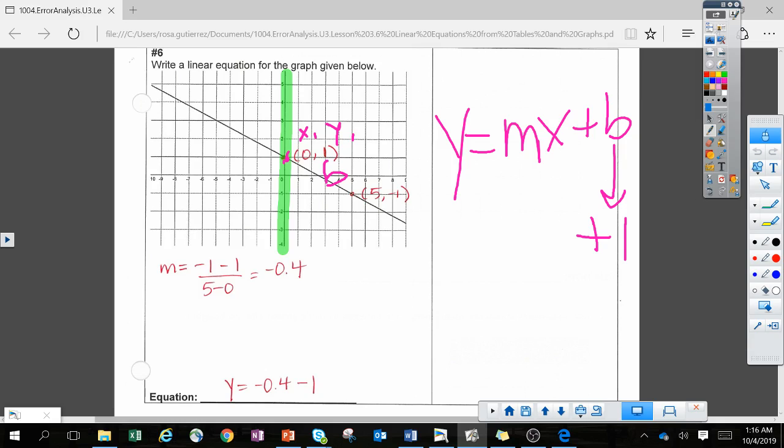Some of you have asked, well, if this is -1, then why is it that we write -1? And so I want to remind you, here, let me write it over here. Your integer operations. If I'm adding a -1, that's the same thing as subtracting a +1.